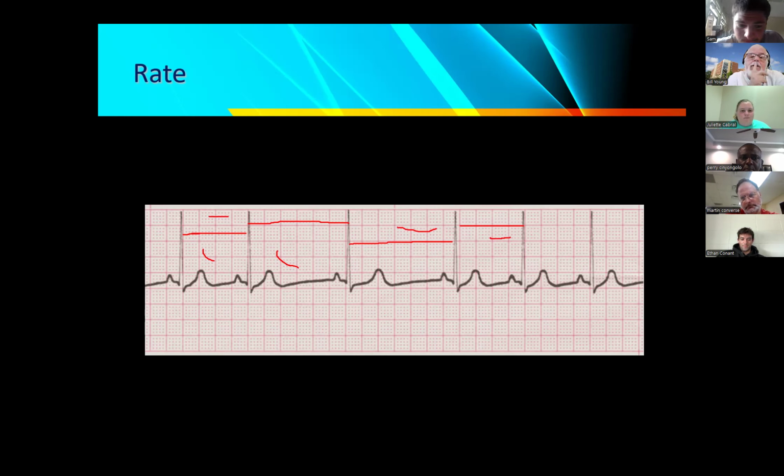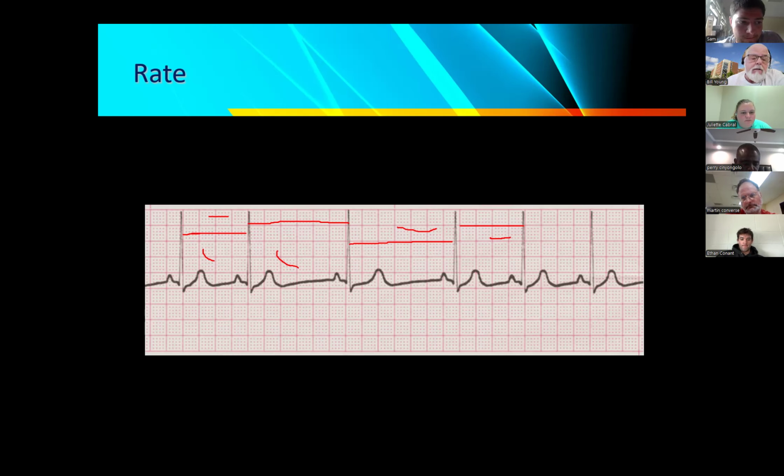Very good. Very good. Now, Juliet, you see P waves and do they look normal? I see P waves and they do look normal. I would agree. Do they look the same going across the 6-second strip? Yes. Awesome. Very, very good. Okay.